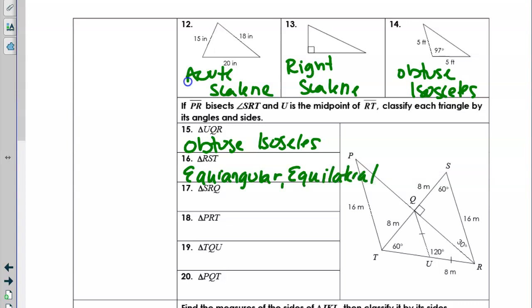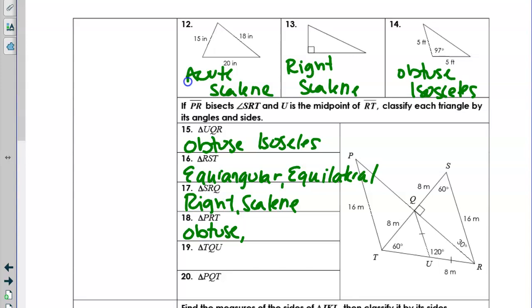How about number 17, triangle SRQ? Right isosceles. It's actually scalene. Yes, right scalene. Good. There's a right angle and all three sides are not equal. How about number 18? Triangle PRQ. Isosceles. Very good. It is obtuse.